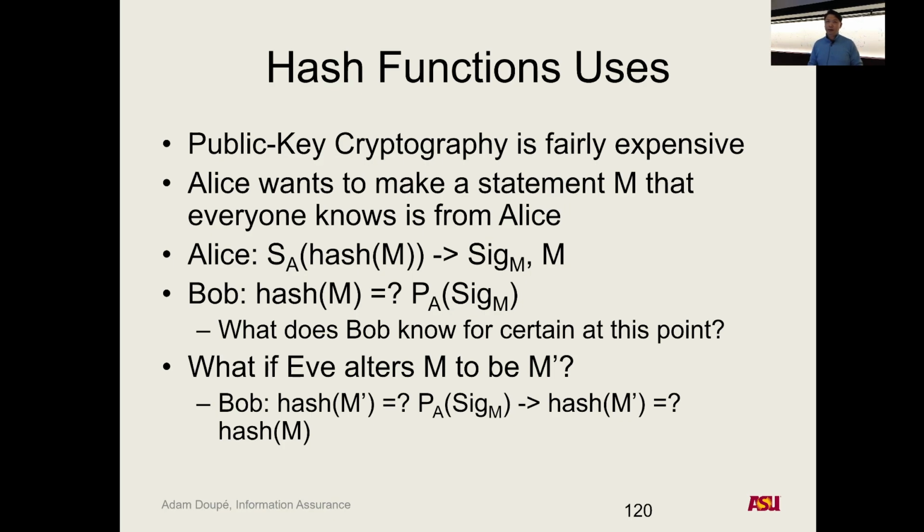So M is written by Alice. She wants to make the hash of that message M, the statement M, encrypt it with her secret key A, and send this signature. The signature here means the encrypted output of the hash value.